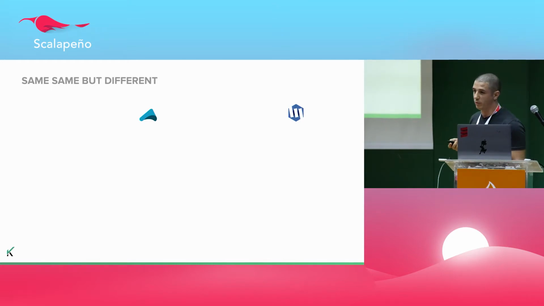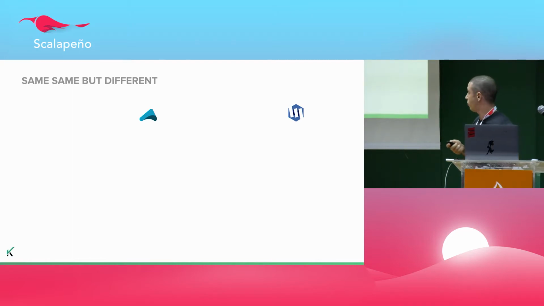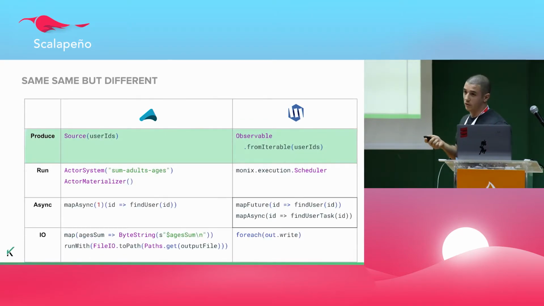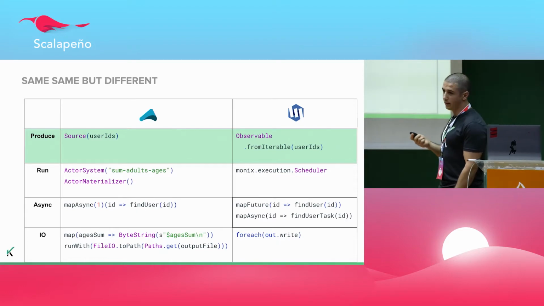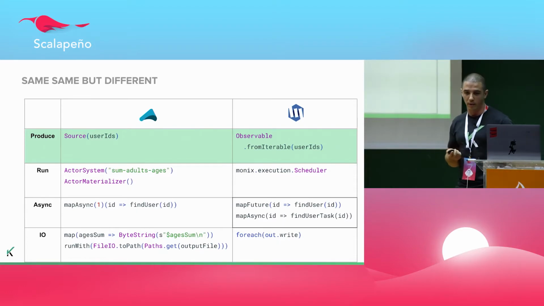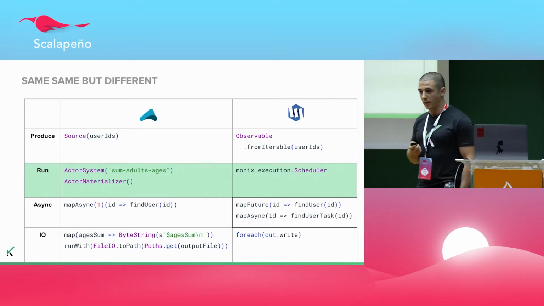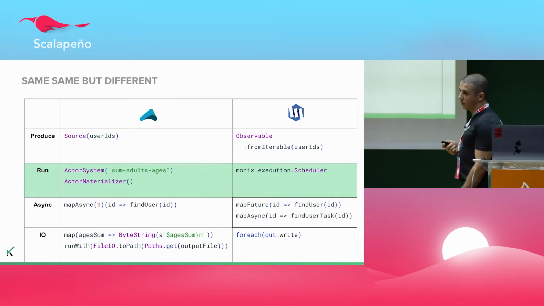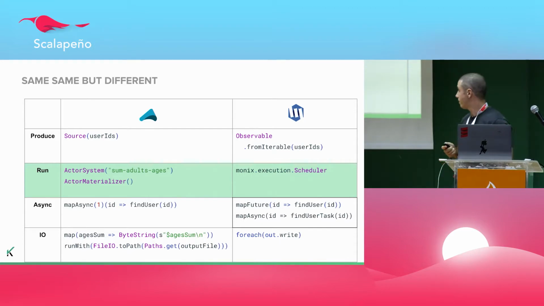So these two examples are very much the same, but there are some differences here. Akka Streams uses Source in order to produce user IDs. Monix uses observables. Observable is a concept that is taken from the reactive streaming terminology, and it's also another indication that Monix is highly inspired by these libraries. Akka Streams uses actors under the hood, and that's why it needs the actor system and the actor materializer. Monix requires us to provide a Monix scheduler, which is the equivalent of a Scala execution context.